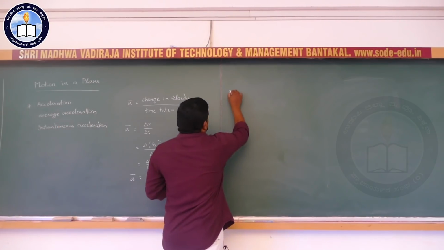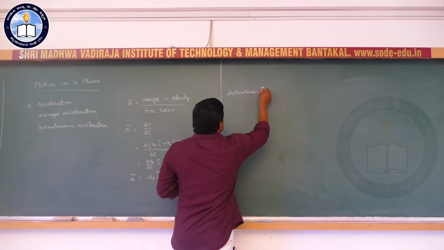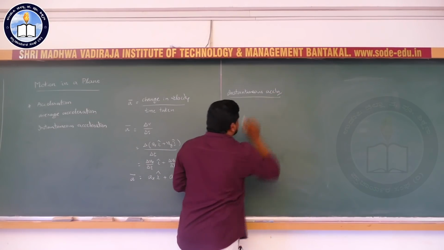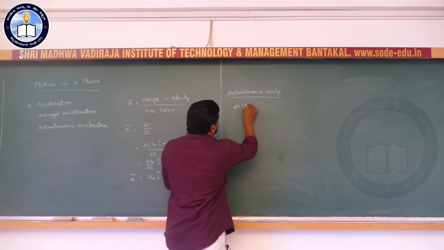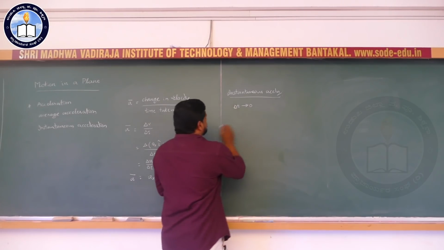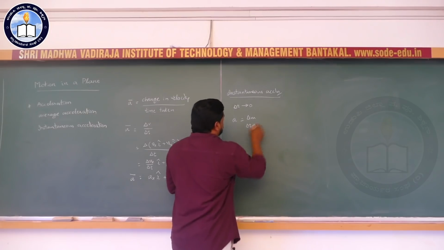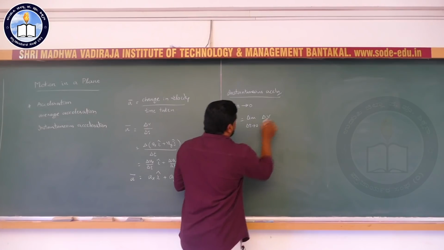Now, try to define instantaneous acceleration. Instantaneous acceleration is obtained by considering the limiting function as time approaches 0, delta t tends to 0. Therefore, a is limit delta t tends to 0 of delta v divided by delta t.